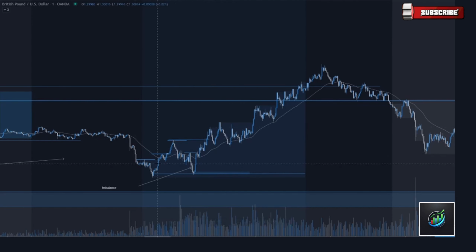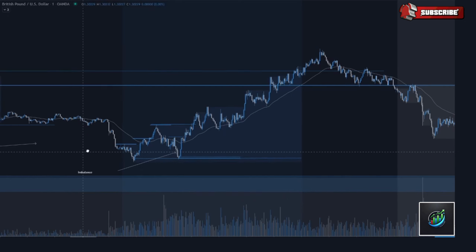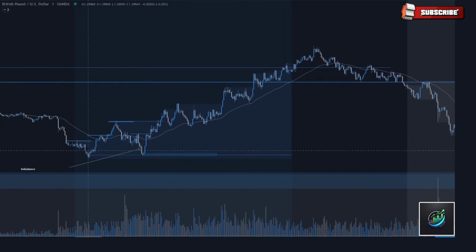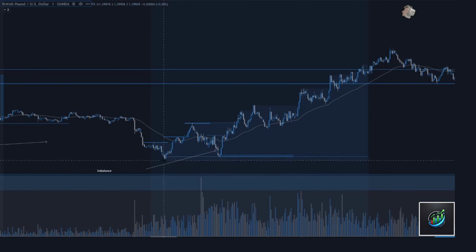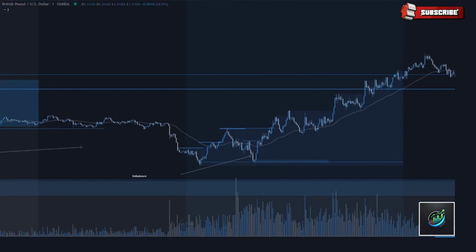So when we had that break of structure here and here, we was initially looking for a pullback into this zone where we've got a really nice order block here to get involved.